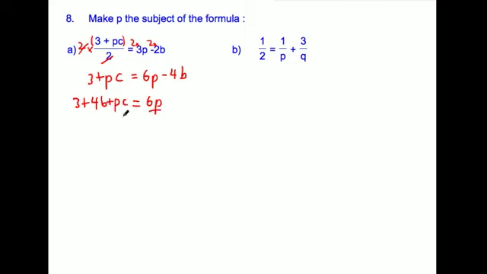And to find p, we need to put all the p terms together. So minus pc, minus pc. The subject of the formula must be alone. Thus, we need to factorize out so that p will be alone.